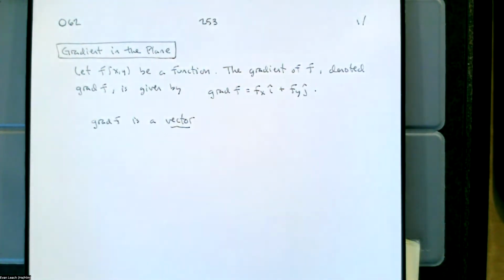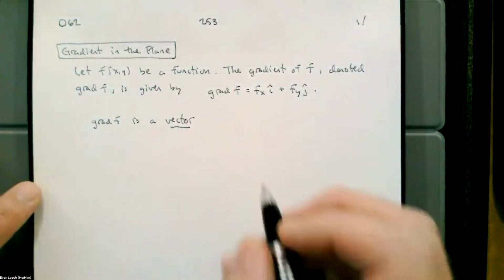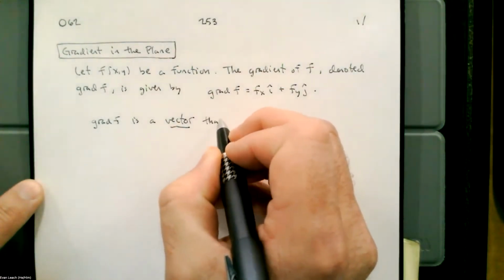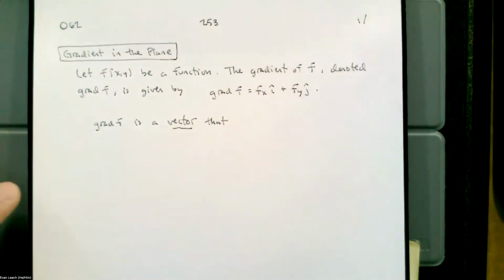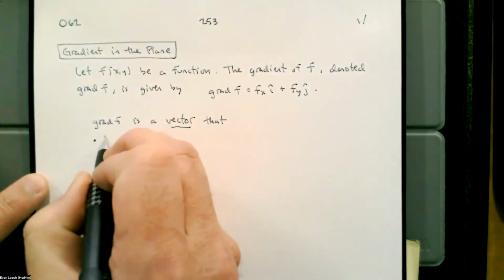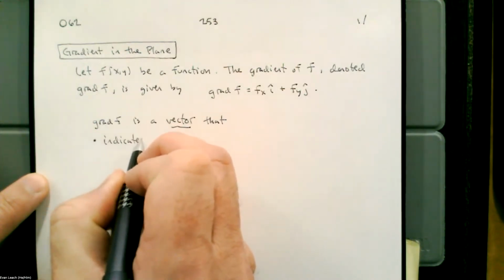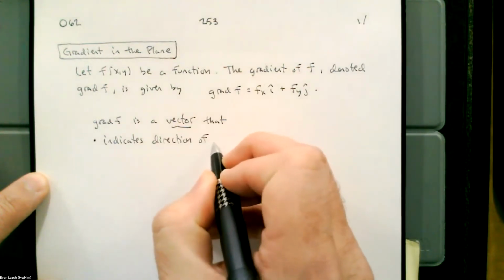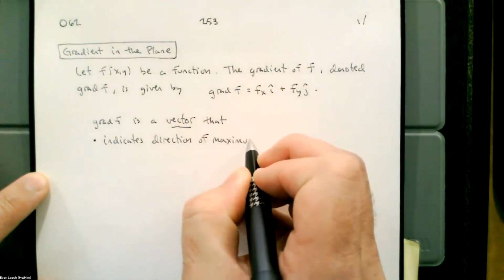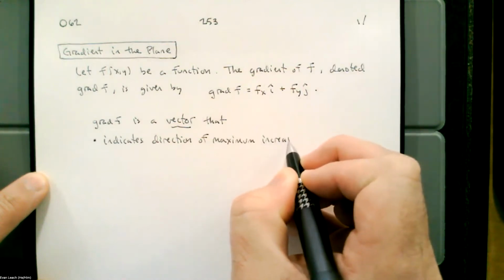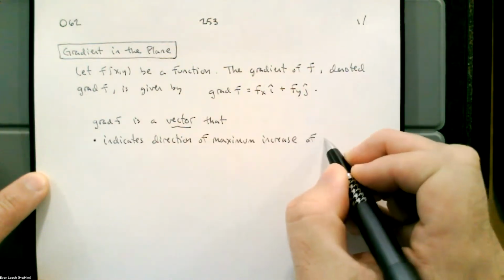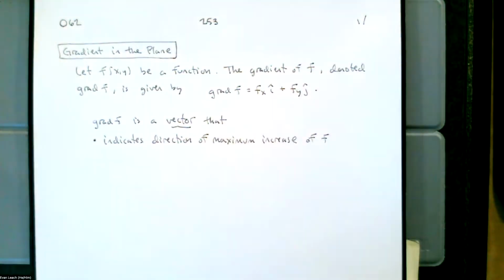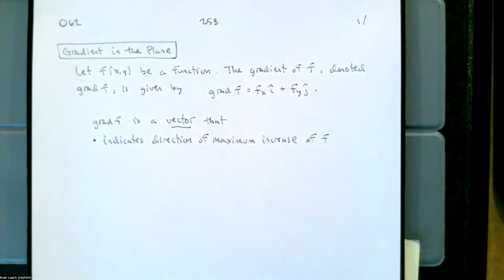The gradient is a vector that indicates the direction of maximum increase of f. If you want f to increase the most, you go in the direction of the gradient.